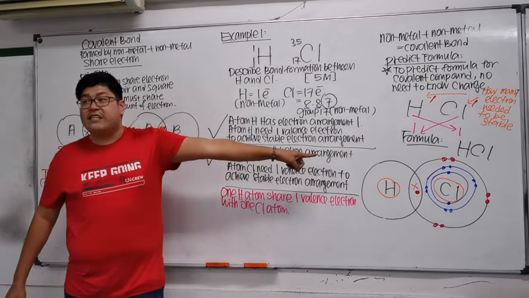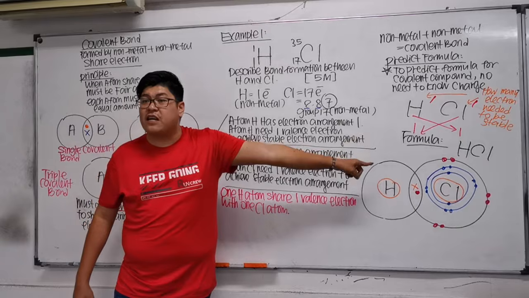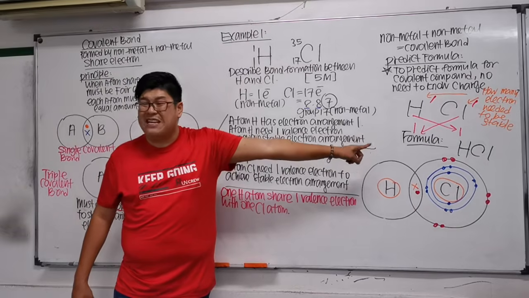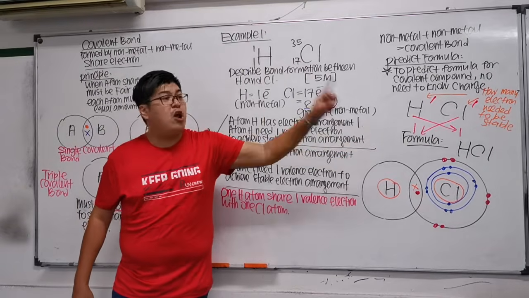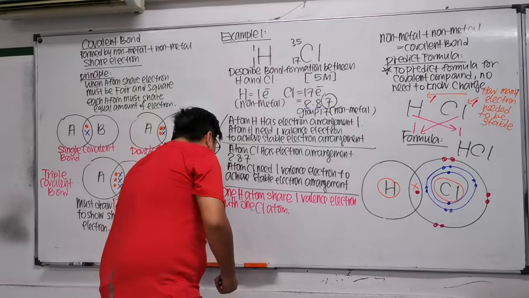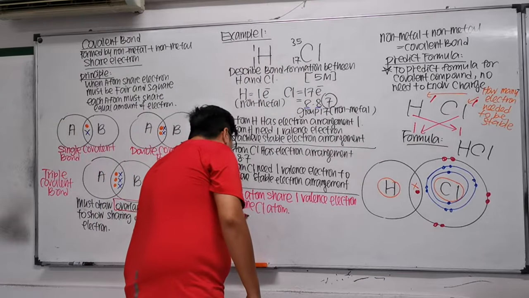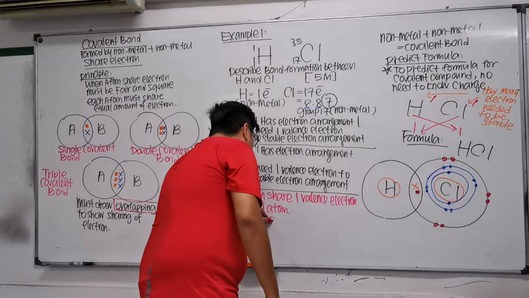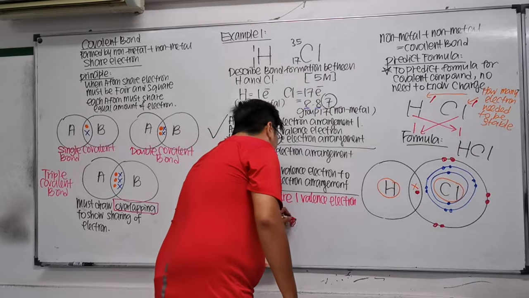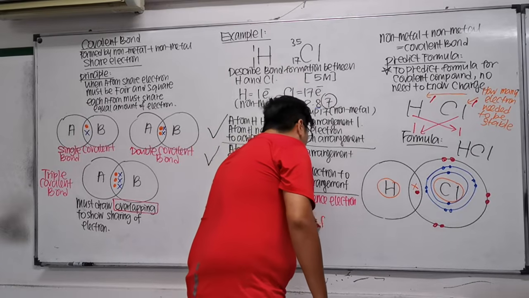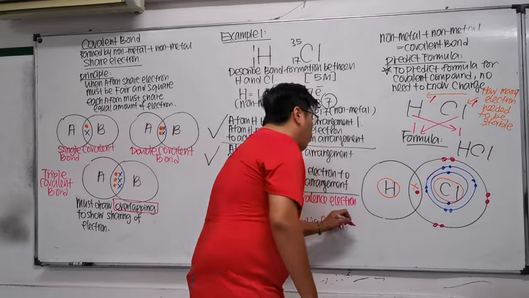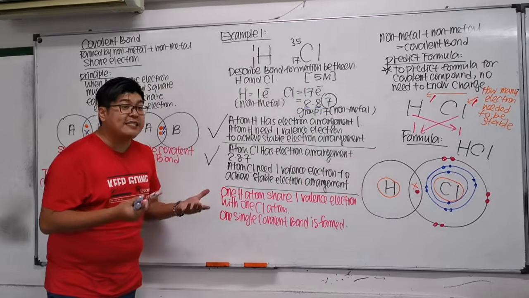Guys, what is this covalent bond? You answer me. Single, double, or triple? Single. How many single bonds? 1. So 1 single covalent bond is formed. Fantastic.